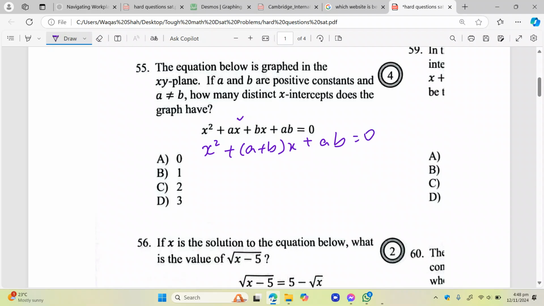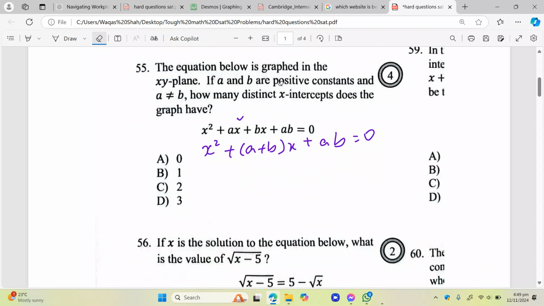Okay, since it's intersecting at two places, so the discriminant has to be greater than 0. Okay, so it will be b square minus 4ac greater than 0, since it says that it's intersecting at two places. Okay, so we have to rephrase it. It's not given that it's intersecting at two places.